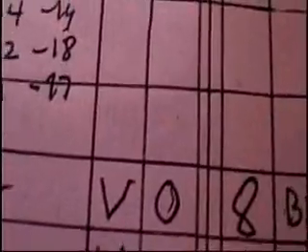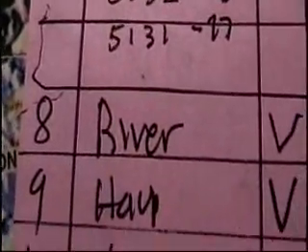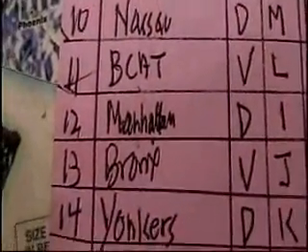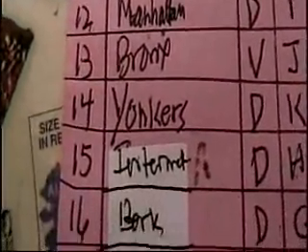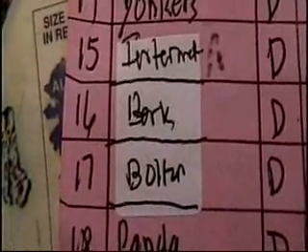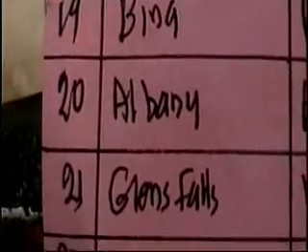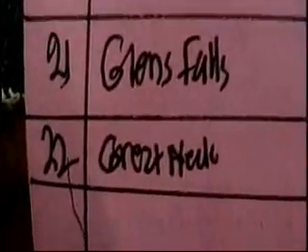Okay. Riverhead, Bob Clement, Hop Hog, Nassau, B-Cat, Brooklyn, Manhattan, Bronx, Yonkers, Internet, Berkshire, Bolton, Panda, Binghamton, Albany, Glens Falls, and Great Neck. That was Group 2.